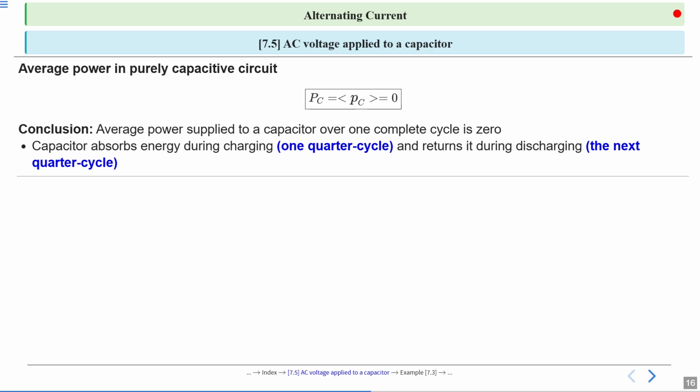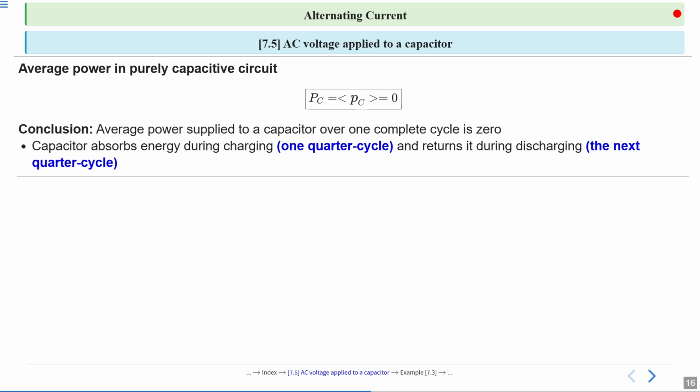Now the negative cycle starts. Now current is increasing in the negative direction, and the capacitor starts charging in the opposite sense. The positive plate of the first case, in the positive cycle, will become the negative plate, and the negative plate will become the positive plate. At maximum current in the negative direction, the capacitor is fully charged.